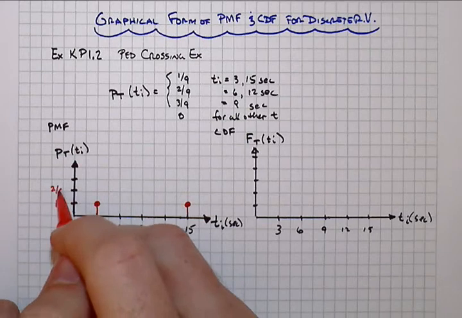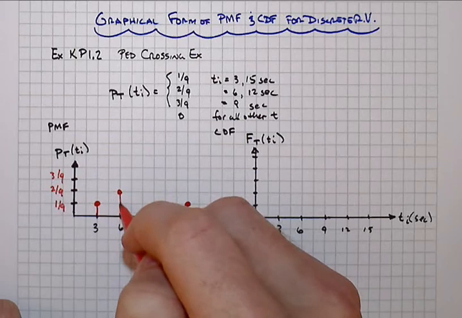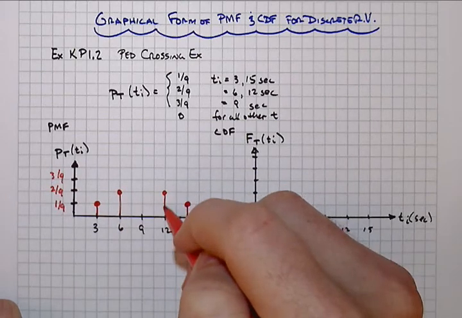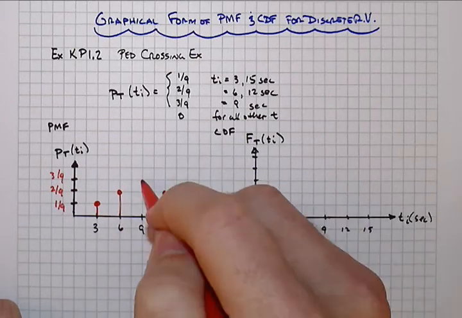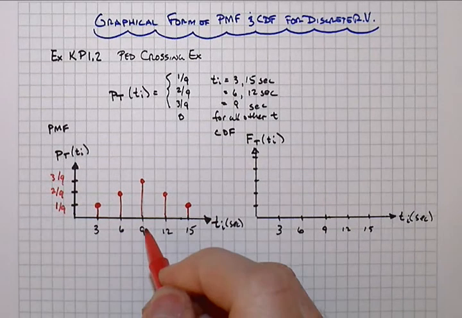For the others, at 6 and 12 we have a lollipop 2/9 high, and then at 9 we have the 3/9.